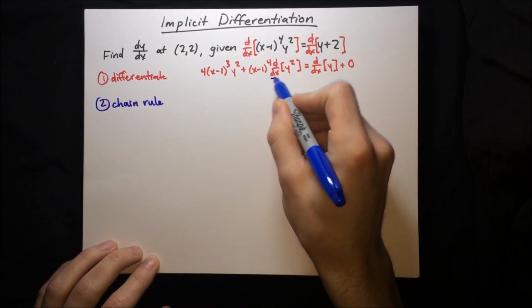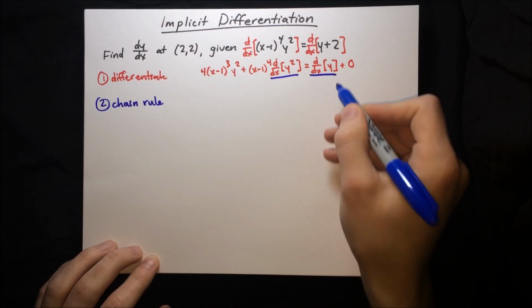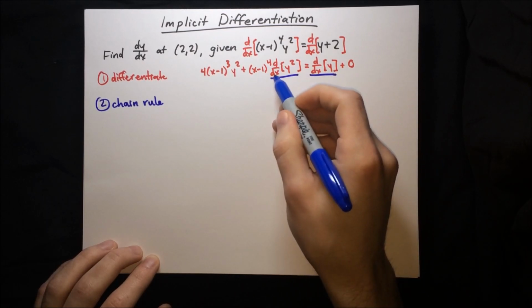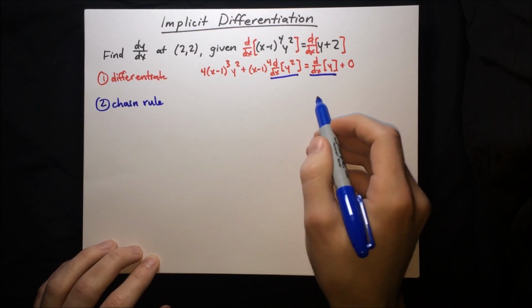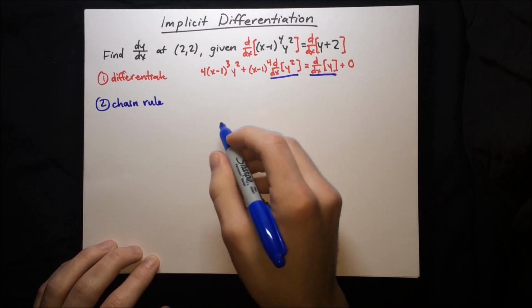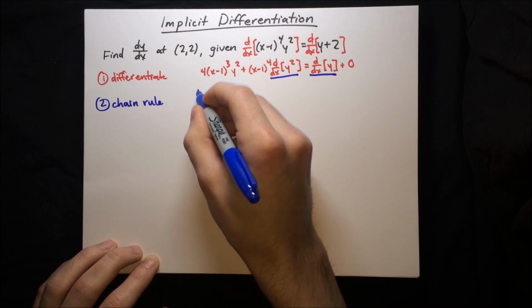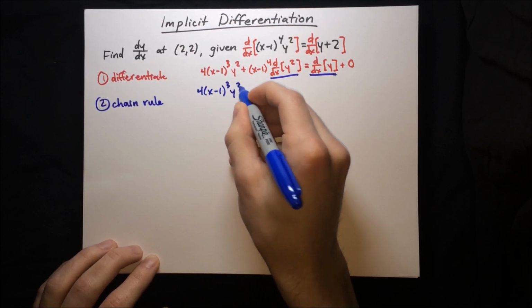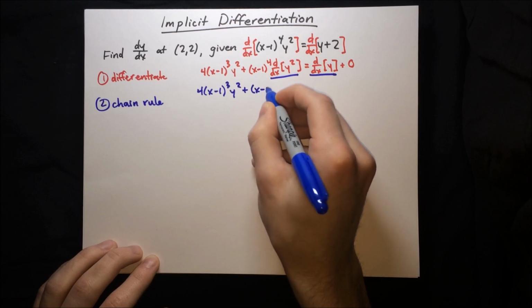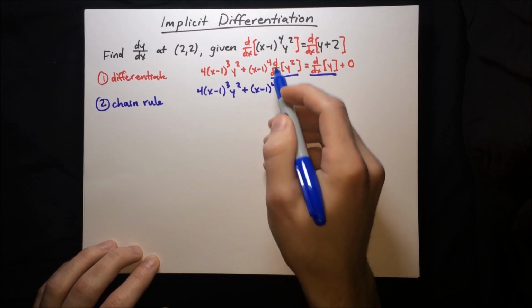We've got this term and this term, which are both derivatives with respect to x, but we've got y inside of the argument of the derivative. So we'll go ahead and rewrite what we had before. We had 4 times (x minus 1) cubed y squared plus (x minus 1) to the fourth. But now that's d over dx.